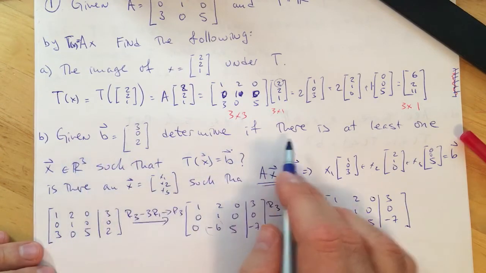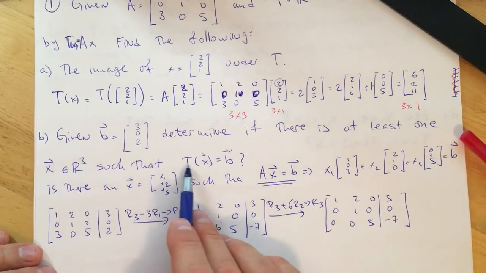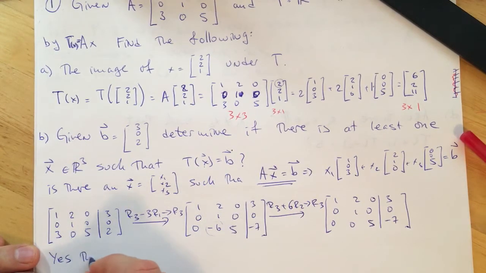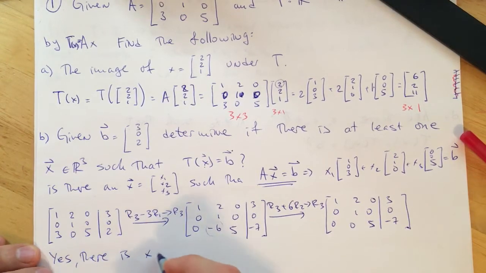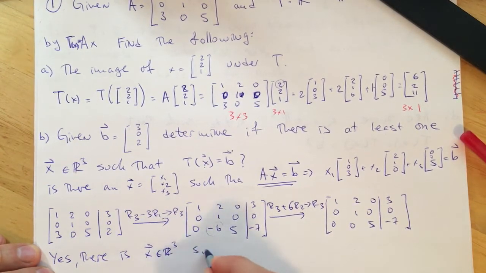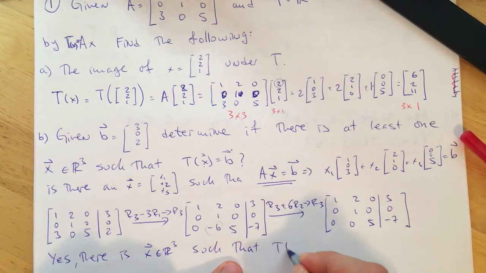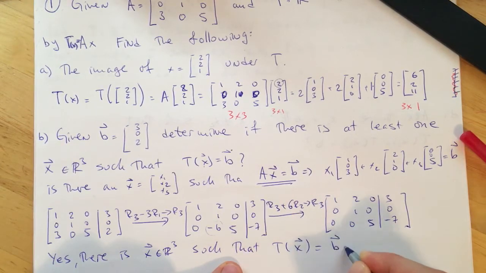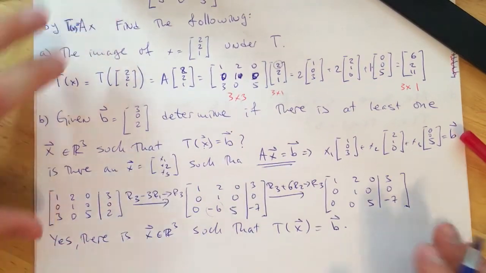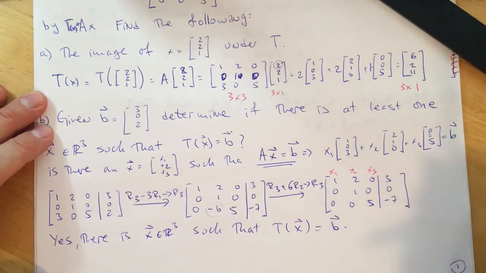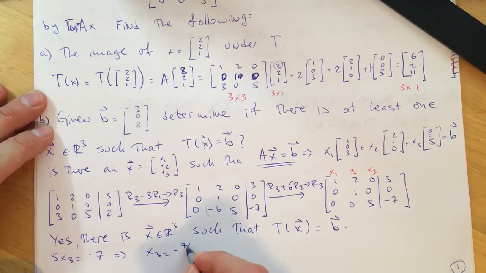So the answer to this question, is there at least one x such that this transformation brings x into b? The answer is yes, there is an x in R3 such that T of that vector is equal to the vector b. If we want to find that particular x, you just have to solve this. If this is x1, x2, and x3, obviously 5 times x3 is equal to negative 7, so the last entry of x is negative 7 over 5.